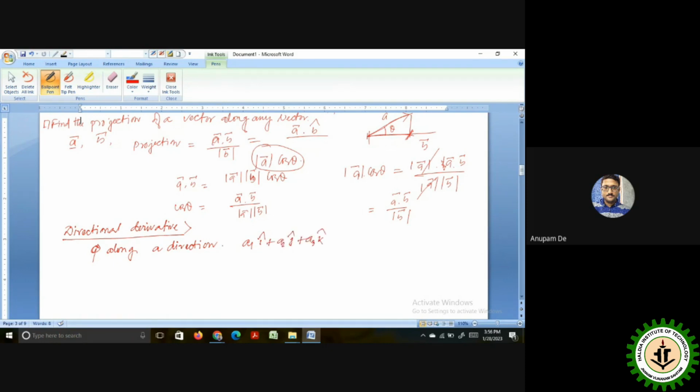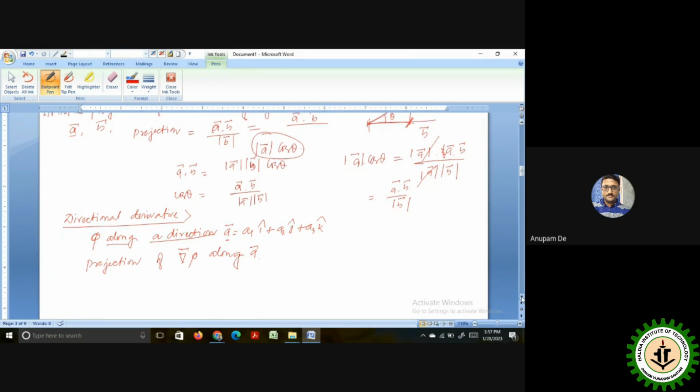Suppose your vector is A. Along the direction of A, the directional derivative of phi will basically be the projection of grad phi along A. Got the point?